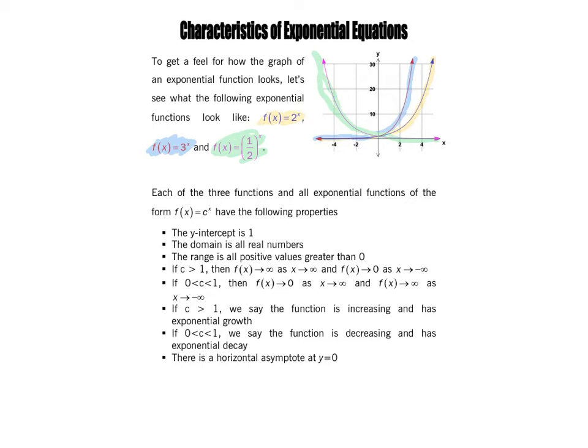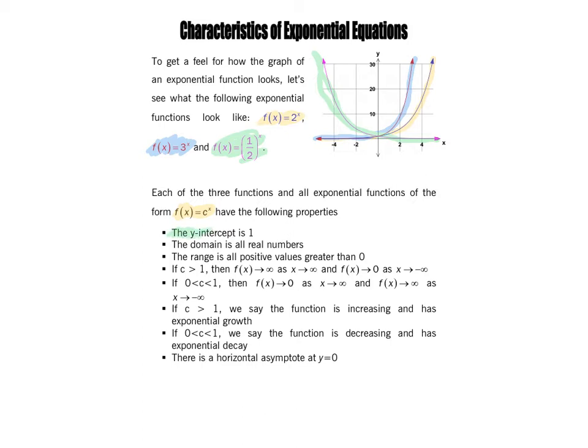Now, to see how these are similar, but also how they're different from one another, we're going to look at the properties below to guide us. So, first of all, for any function of the form c to the exponent x, there are the following properties. Here they are.